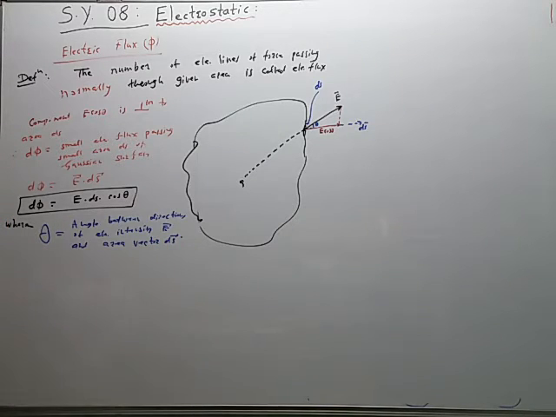The rule for the area vector we already know: area vector is always drawn normal to the given area. So remember this rule.